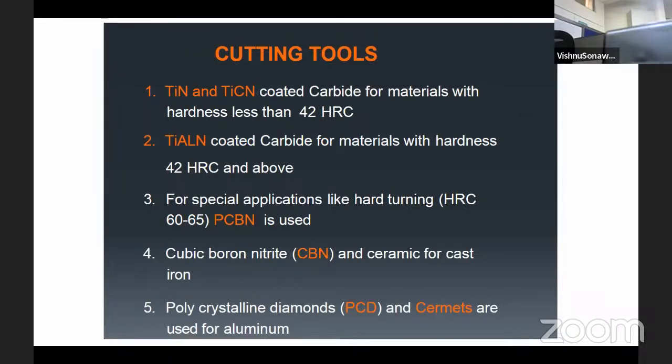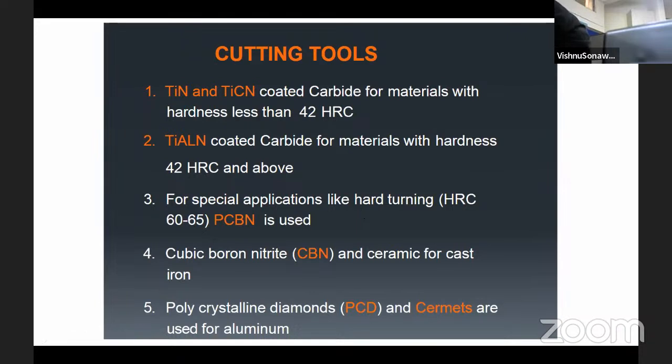These are coated carbide materials, with Rockwell hardness of 32 and above. For special applications like hard turning, it is 60 to 65 Rockwell hardness.